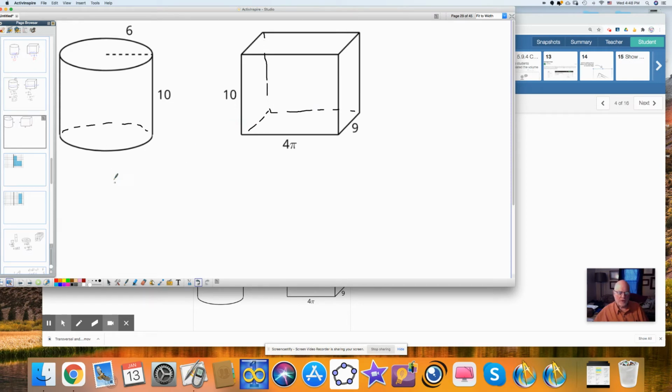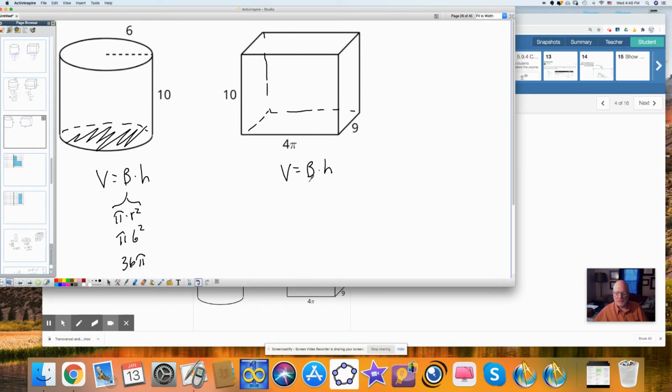What I want to point out to you is if I think of this as the volume is equal to the area of the base times the height, volume is equal to the area of the base times the height, notice this has an area of pi r squared, which is pi times 6 squared, which is 36 pi.